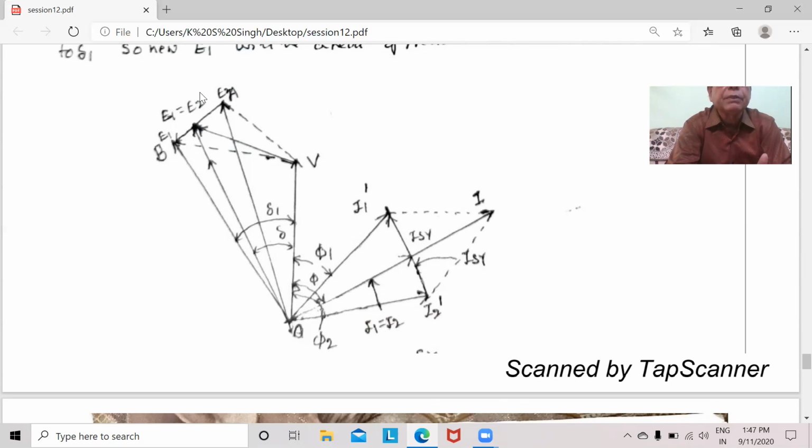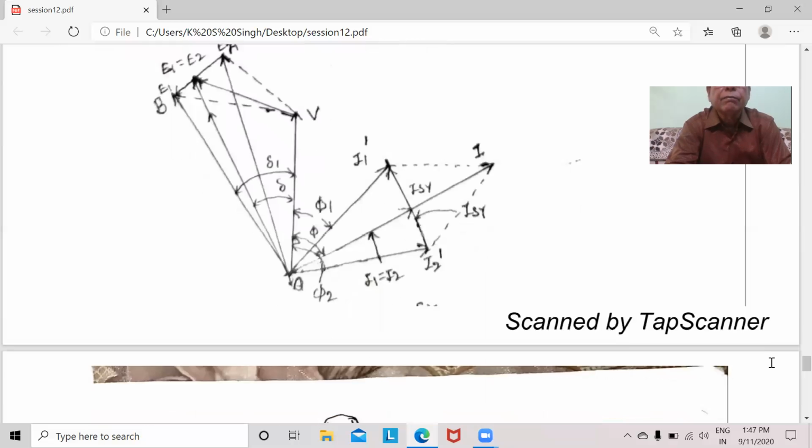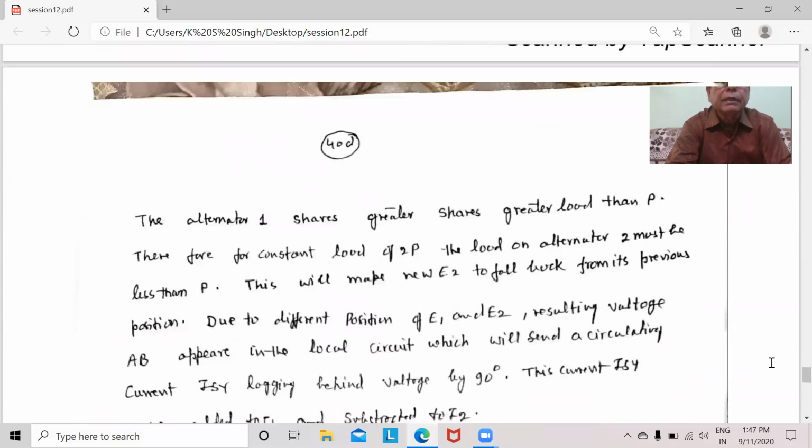The voltage between the two will be AB, a voltage. This will produce a circulating current ISY, which is equal to the phasor difference E1 minus E2 divided by Z1 plus Z2. In this way we can find the circulating current.